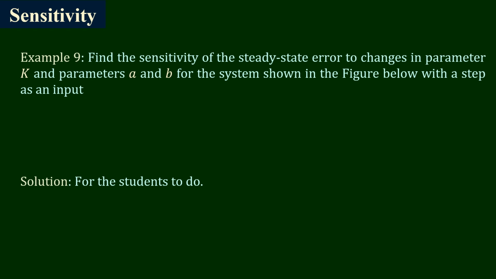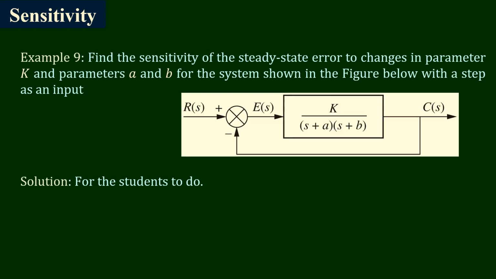Here is an example for the student to practice, and it will give you an indication of whether you understood the lecture on sensitivity. Here you have to find the sensitivity of the steady state error with respect to K, A and B. So do it yourself.